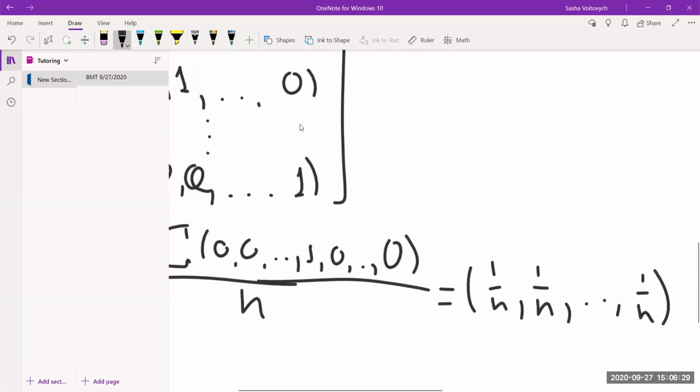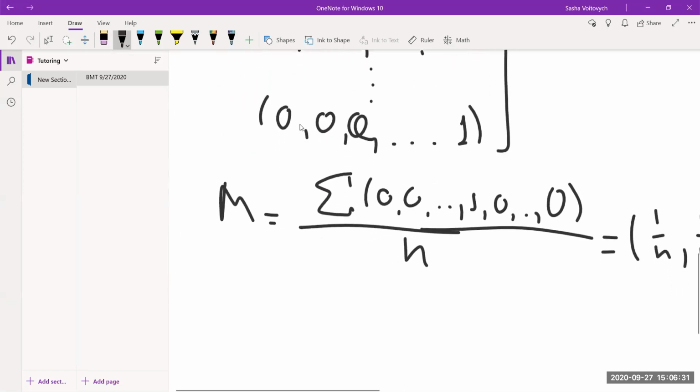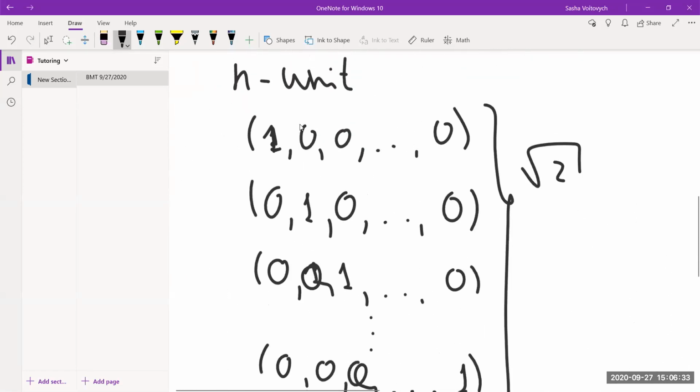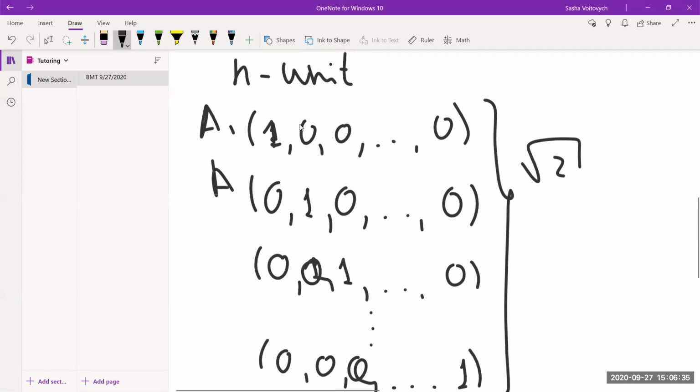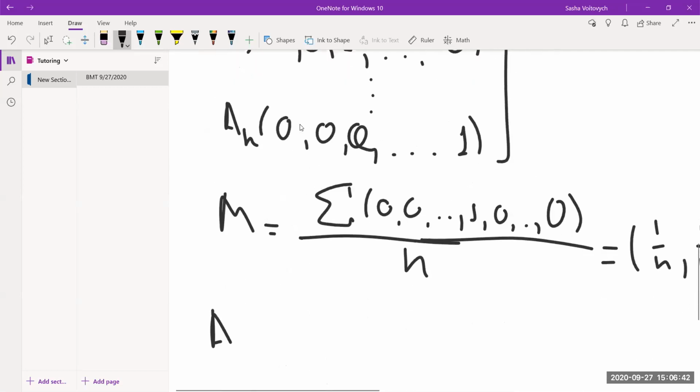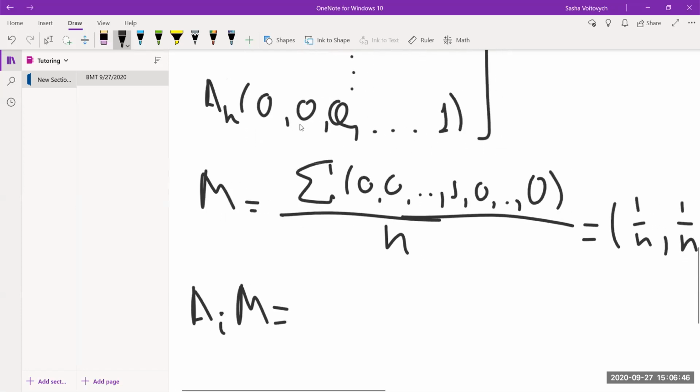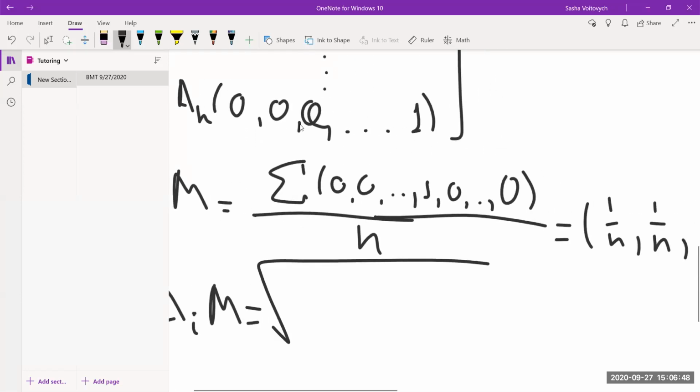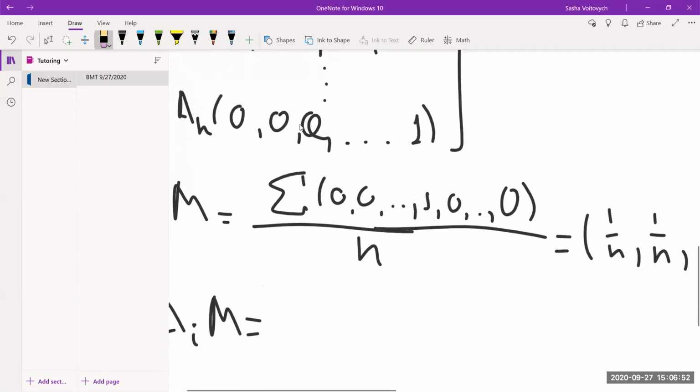So the distance between each point, let's label these A1, A2, A3, AN, so the distance between each point AI and M will be the same.